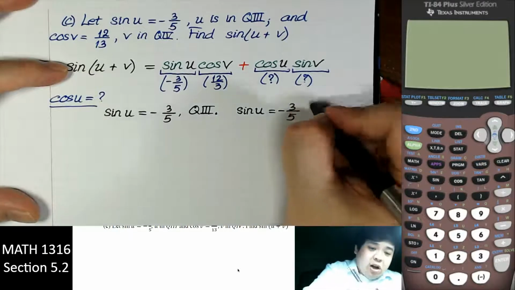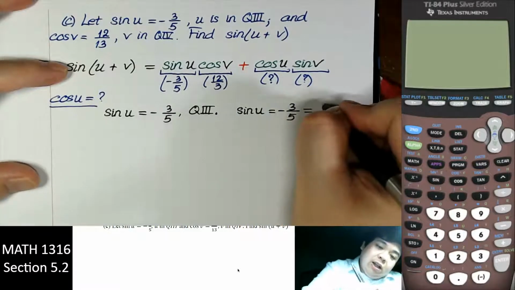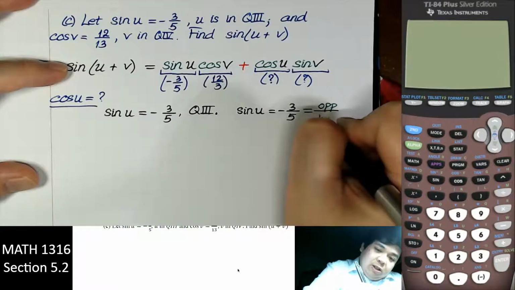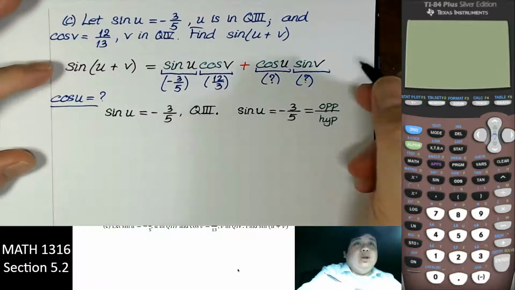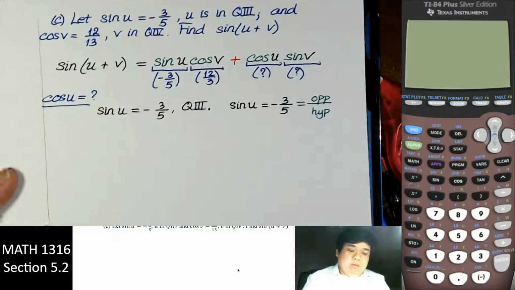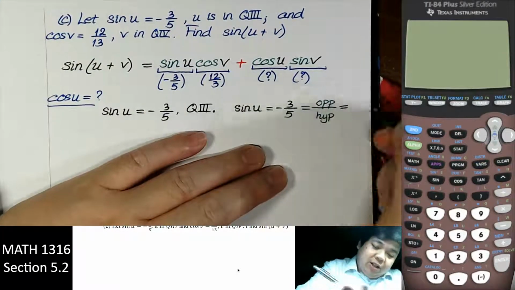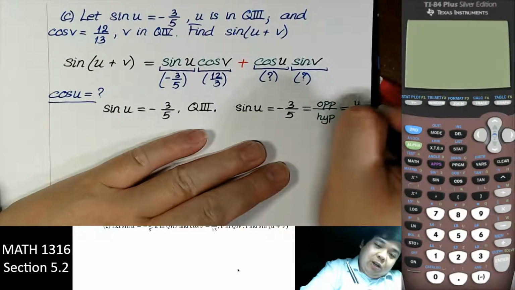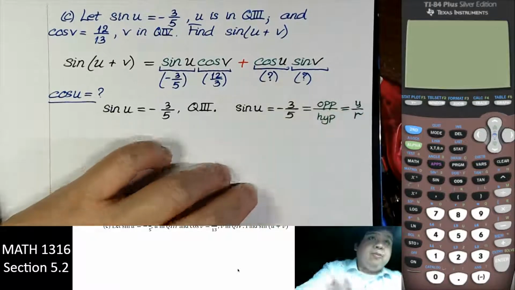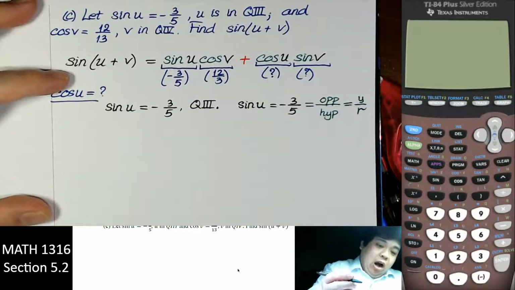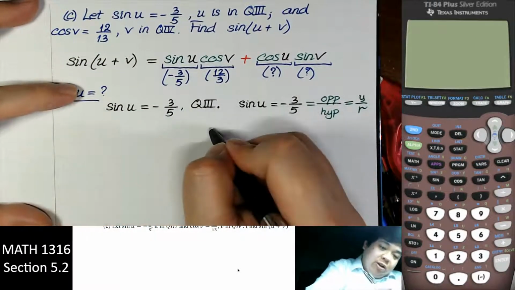The ratio for sine is opposite over hypotenuse. Or we can use x, y, and r. If we use x, y, and r, then it's going to be y over r. Regardless, I'm going to draw a triangle.